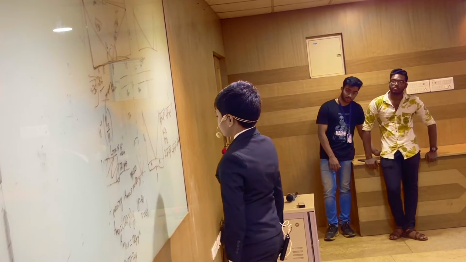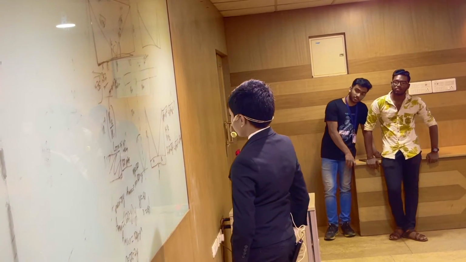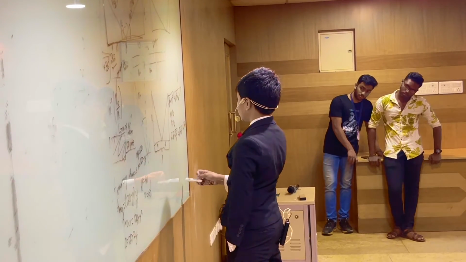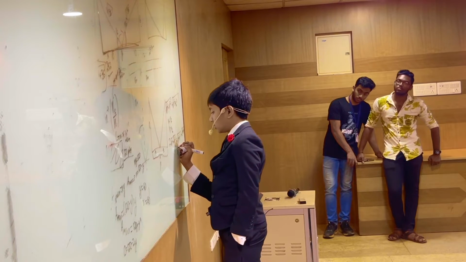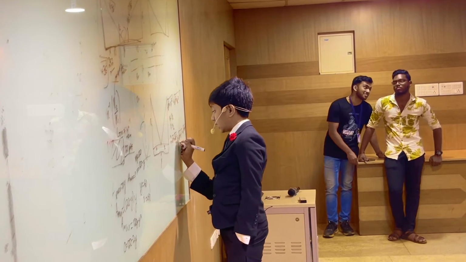So, how can we prove that this is less than this, where y is equal to (x1 plus x2) over 2?